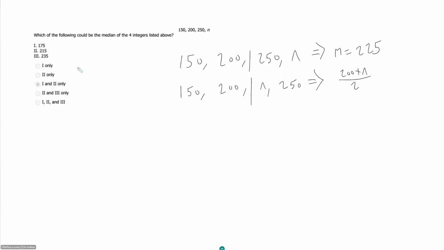Our third option is n is the second biggest: 150, n, 200, and then 250. So in this case, our median will be the same as the one above, because it'll just be n plus 200 over 2, same thing.